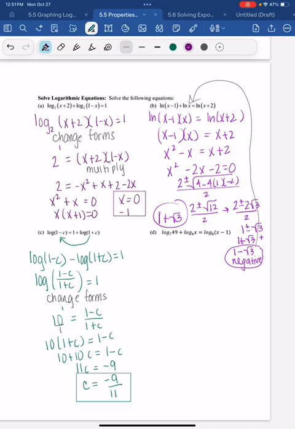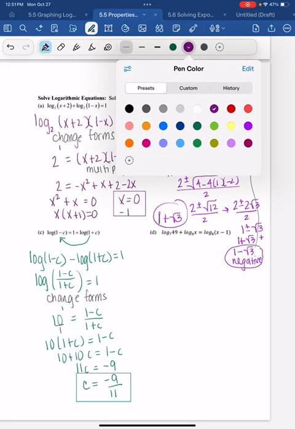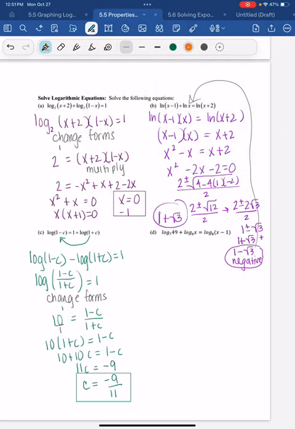Okay, last one. So again, I'm going to use my properties of logs. So I'm going to combine on the left. And this is going to be, oh, wait a second. This has a base of 7. This log has a base of 8, and this log has a base of 8. But the log base 7 of 49 can be simplified. The log base 7 of 49, I'm going to pull this out and look at it separately.